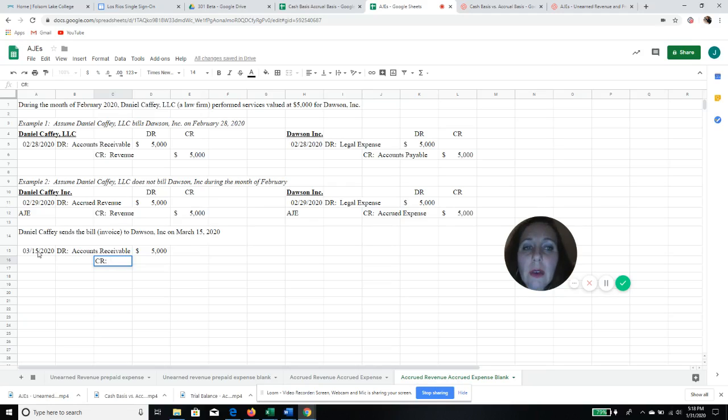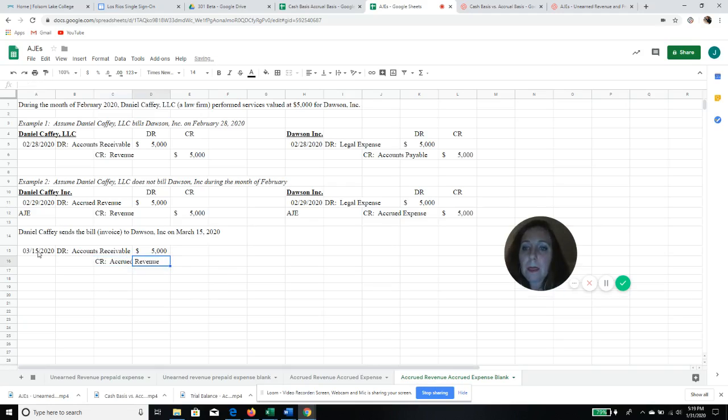And here's the thing though, they're not going to credit revenue because they didn't provide the services in March. They provided them in February, and we've already recorded the revenue in February. So instead, we are going to reduce accrued revenue, because accrued revenue basically says we have $5,000 we haven't billed.